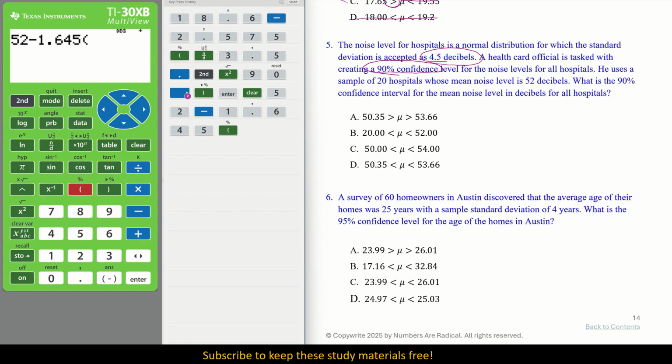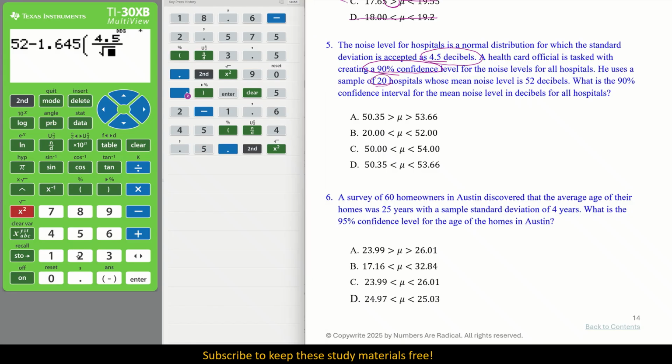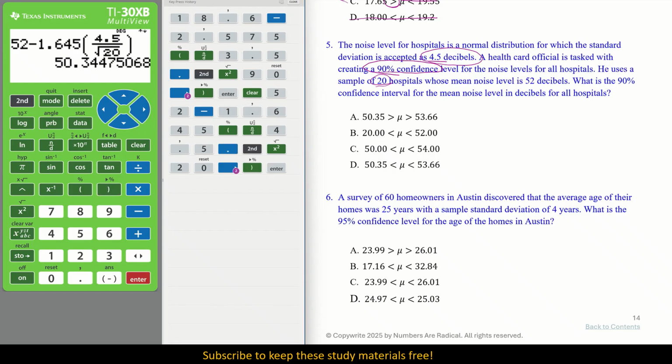Now our parentheses, then our fraction, our s is 4.5, and then we need second radical. And how many hospitals did it say? It said 20 hospitals. Okay, so we have 20 here, and then we arrow over, close our parentheses, and enter.